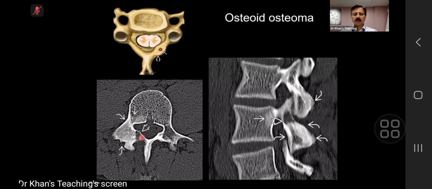When it is sitting in the pedicle, in the posterior elements of the vertebra, you can see sclerosis. And sclerosis of the pedicle is more prominently seen in an osteoid osteoma instead of an osteoblastoma. It can be seen in an osteoblastoma also, but because the nidus is lucent, a denser pedicle might be visible on an osteoid osteoma.